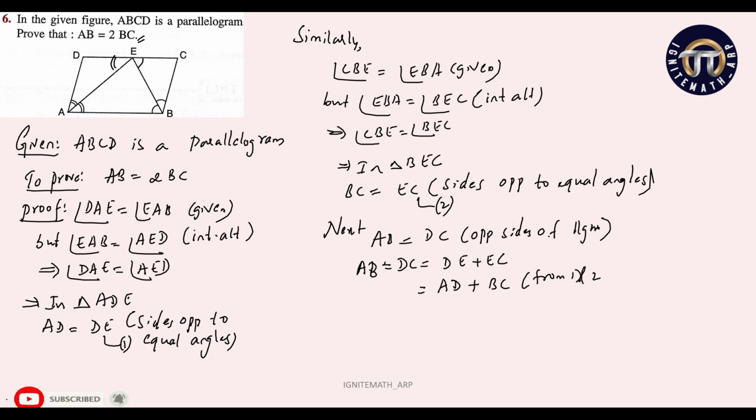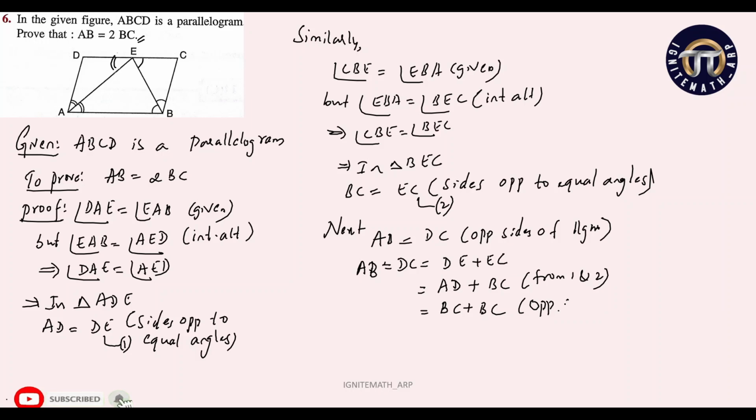So from 1 and 2 I can say that AD is equal to BC. Clear? So now AD will be same as BC. Can you tell me why? Because they are opposite sides of the parallelogram. So in place of AD, I will write it as BC plus BC.